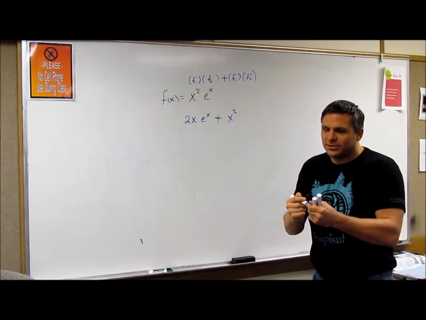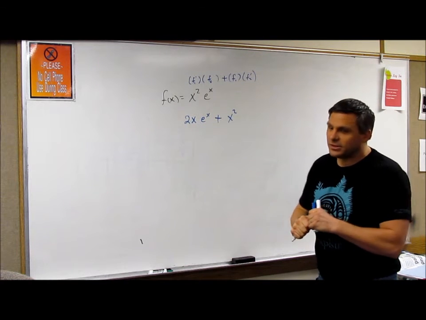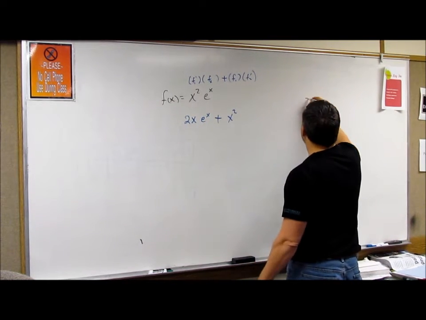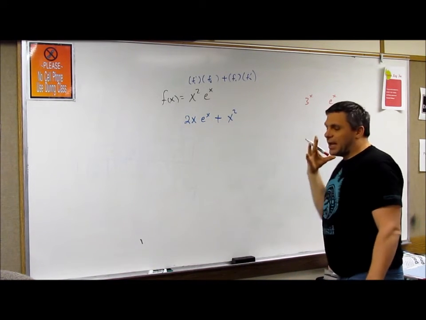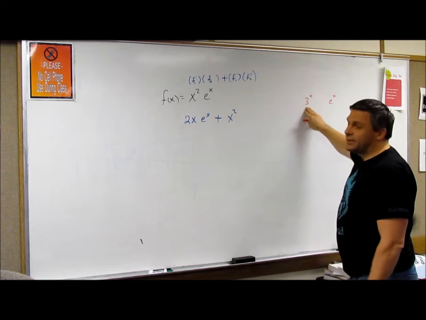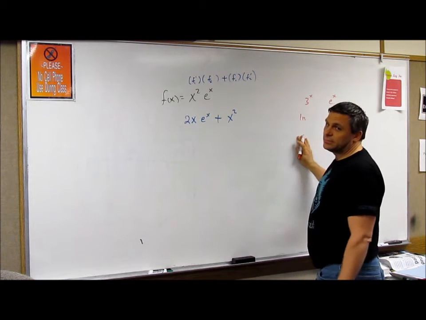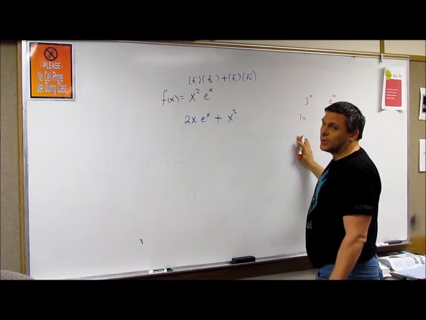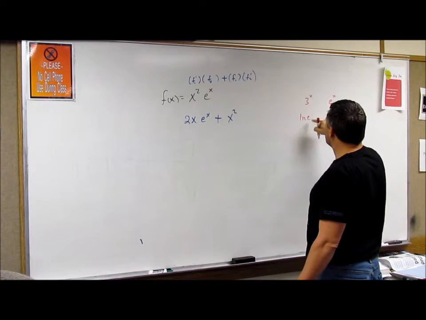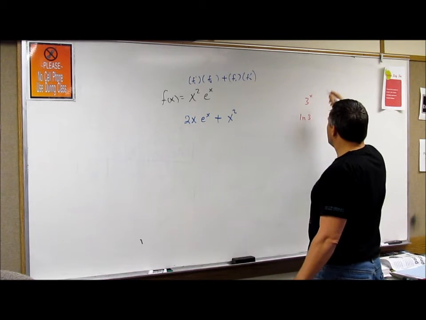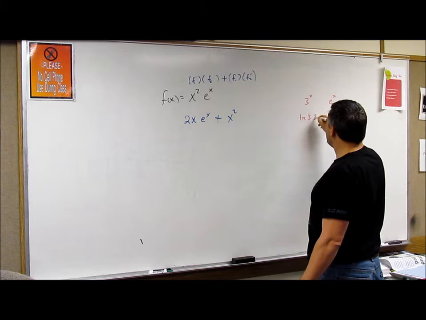Now, here's the thing. When you're finding the derivative of an exponential function, such as 3 to the x or e to the x, when you take the derivative of this, you find the ln of 3 times 3 to the x.